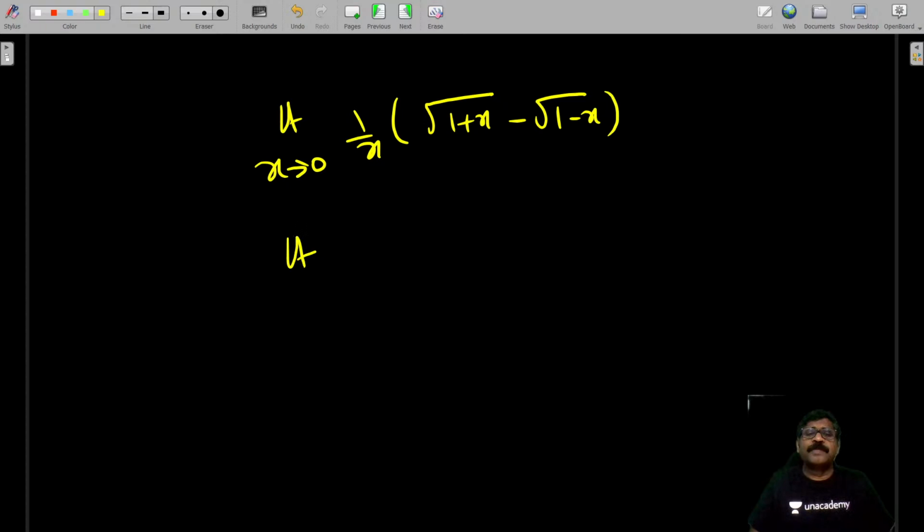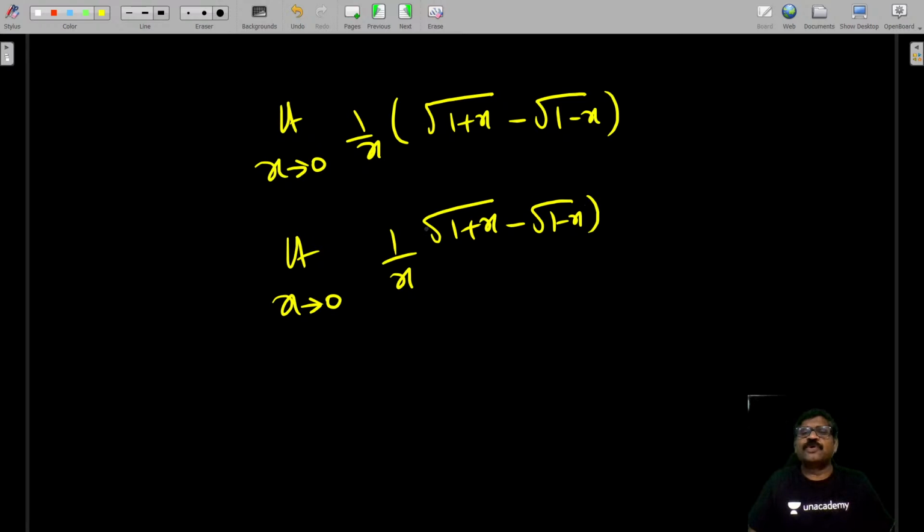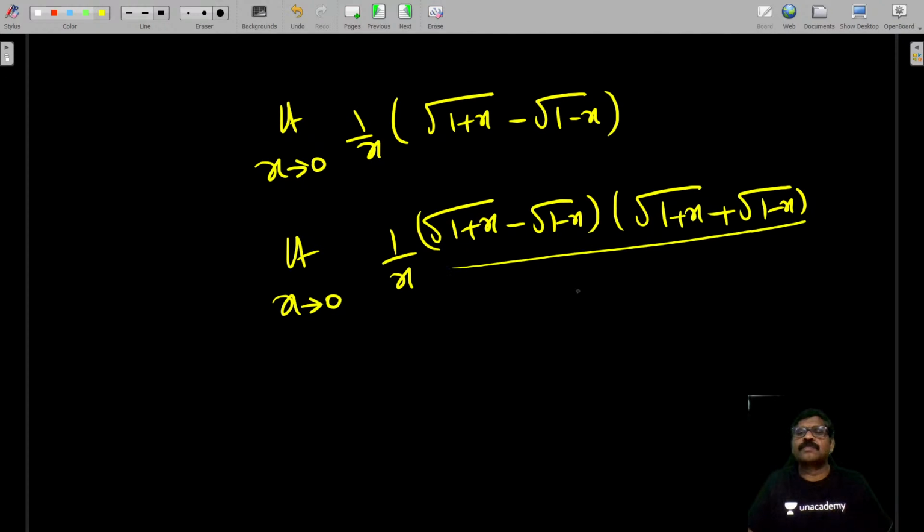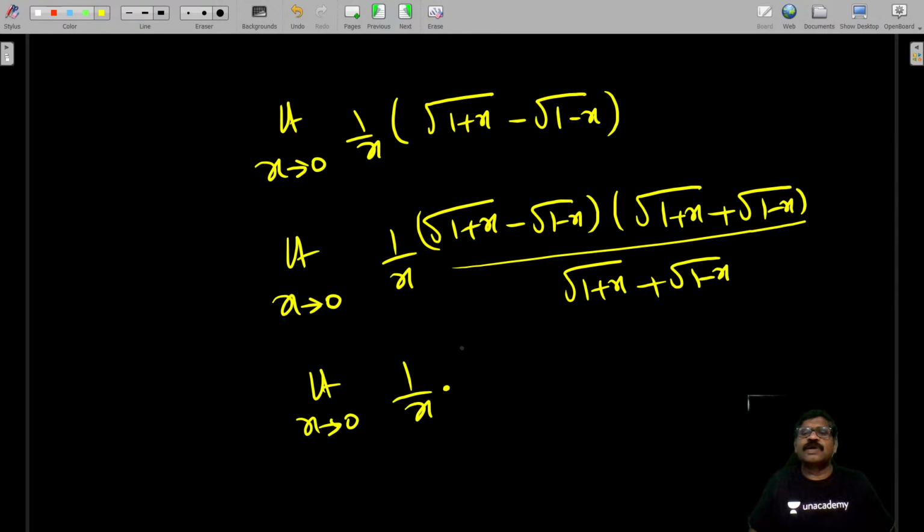Now, multiplying numerator and denominator with square root of 1 plus x plus square root of 1 minus x, we get limit x tends to 0, 1 by x.